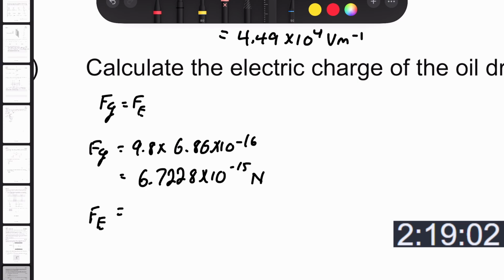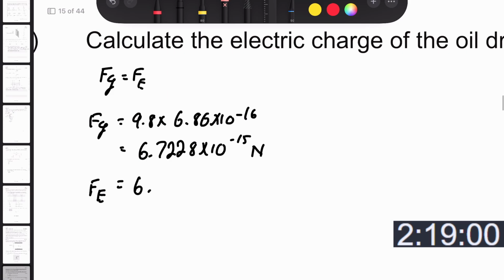So my electric force is going to be equal to 6.7228 times 10 to the negative 15.